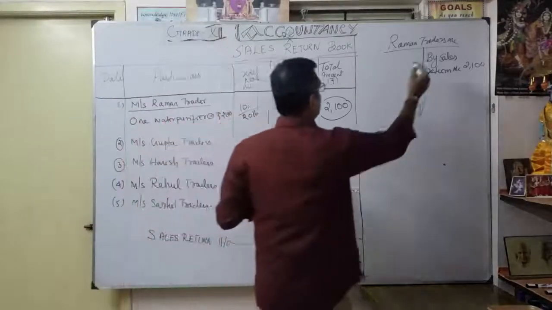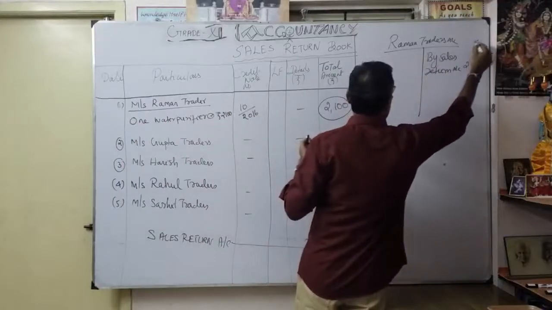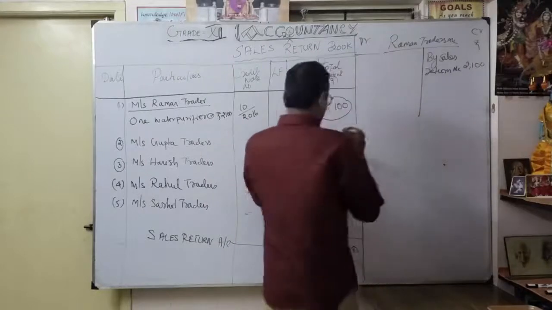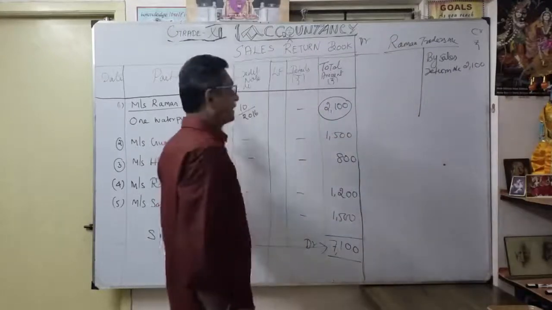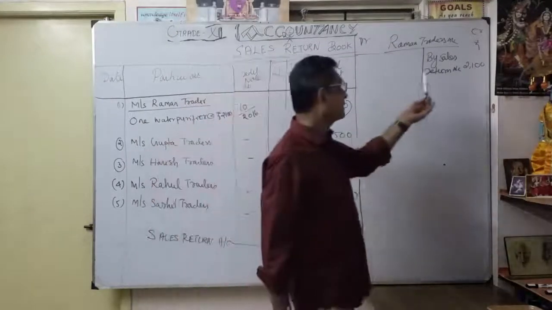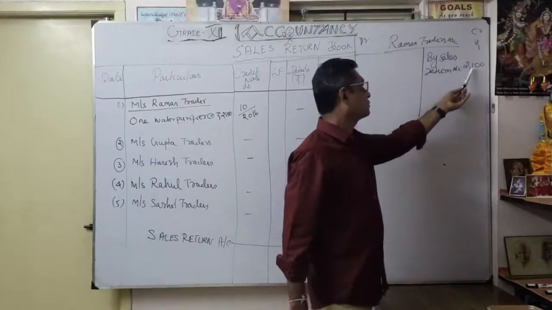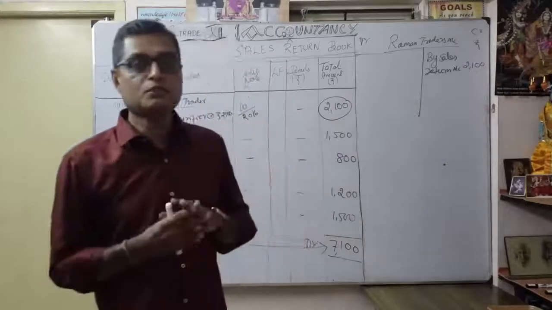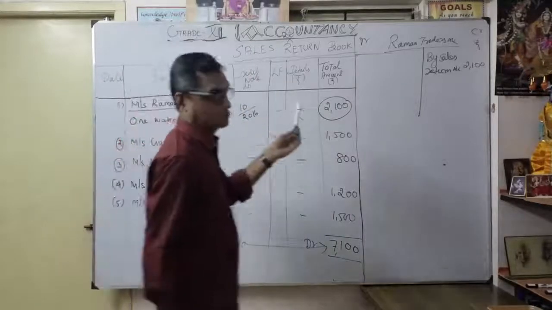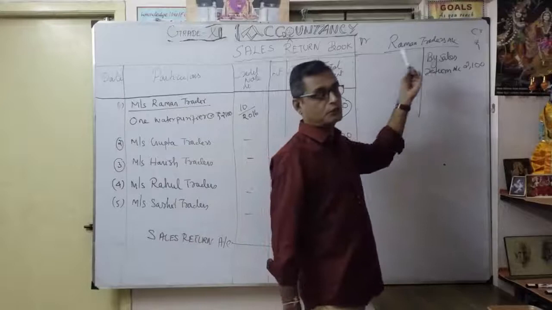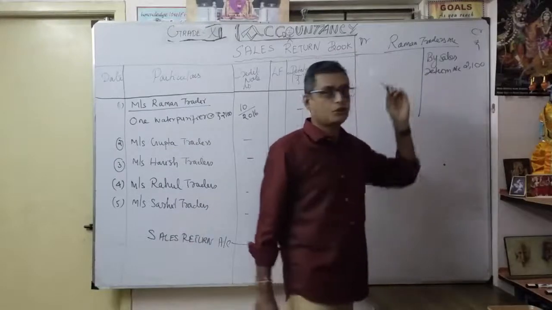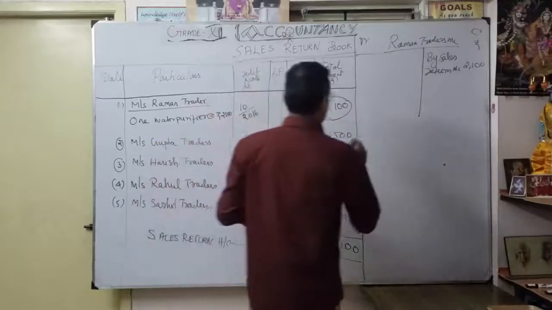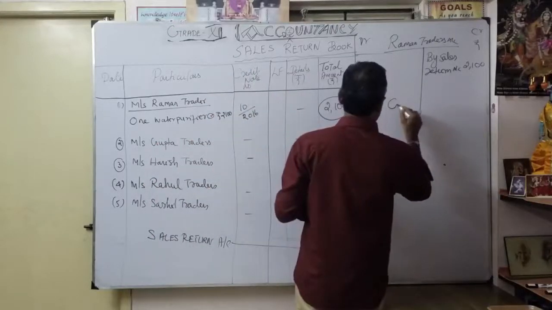Correct. So Raman Traders account, you are going to write, this is the credit side, debit side. Under that, you are going to record on the credit side by sales return account 2,100. As you know the journal entry, sales return account debit to Raman Traders account. So in the Raman Traders account, you write by sales return account 2,100. Then you want to open the next one, Gupta Traders.